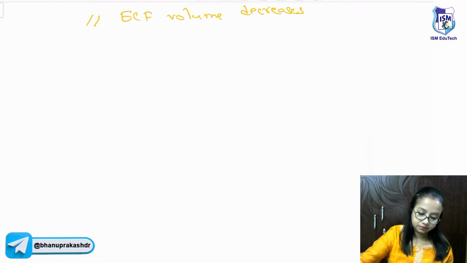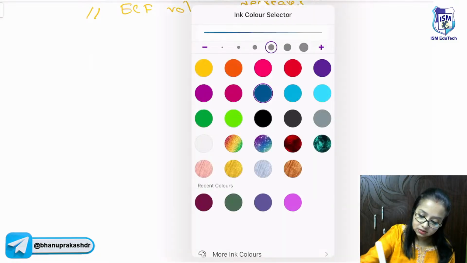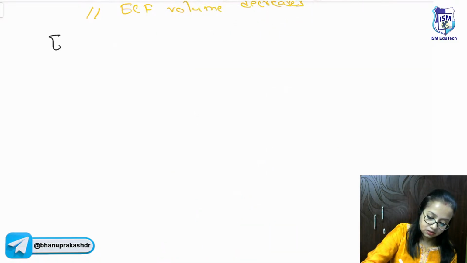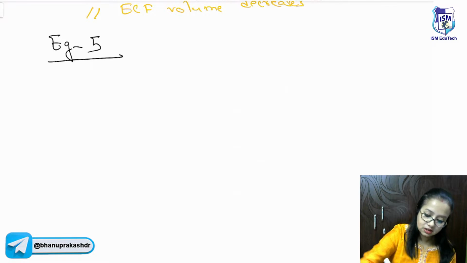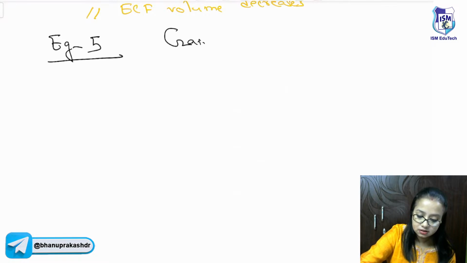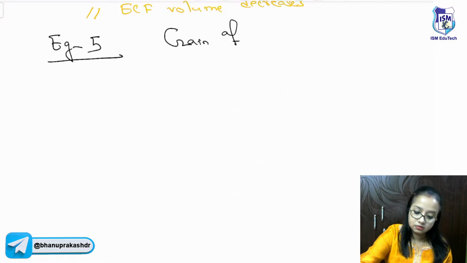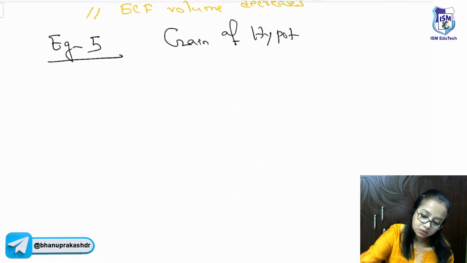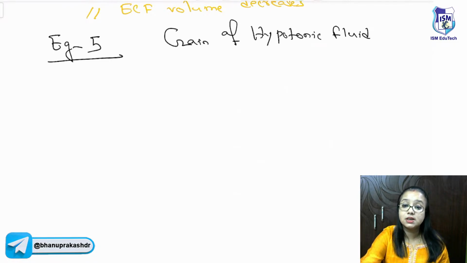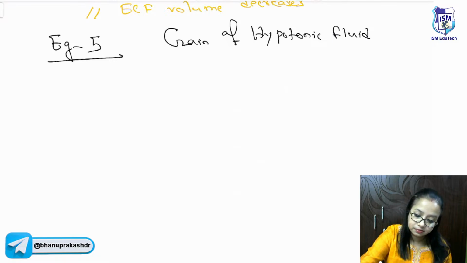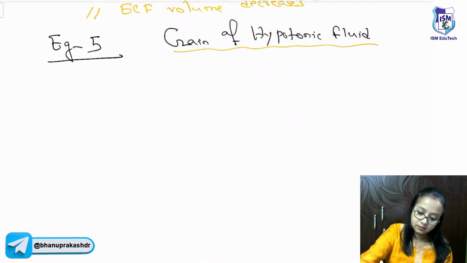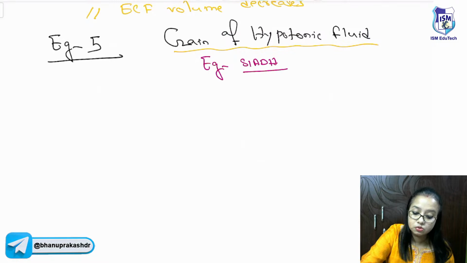This is the scenario when there is loss of hypertonic fluid, because hypertonic fluid is also hyperosmotic fluid. The next example, the fifth example, is gain of hypotonic fluid, meaning hypoosmotic fluid. Example, syndrome of inappropriate ADH hormone.